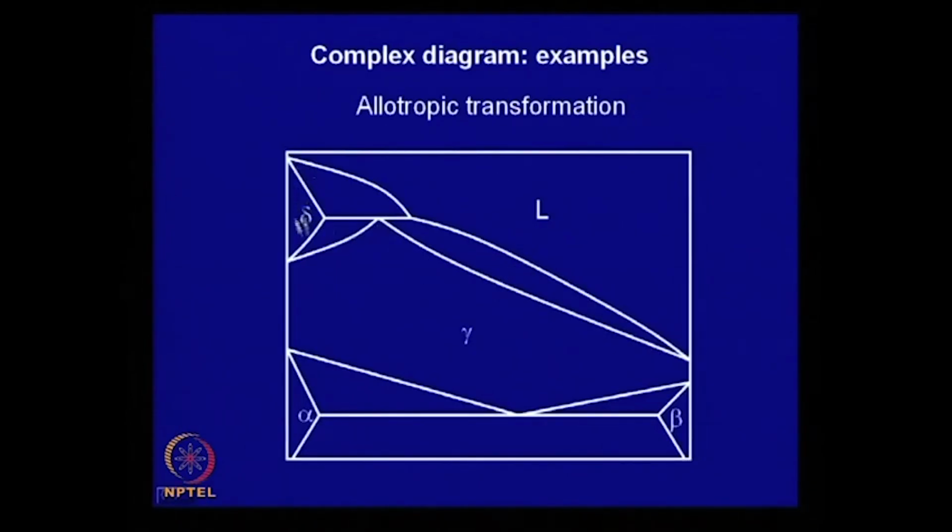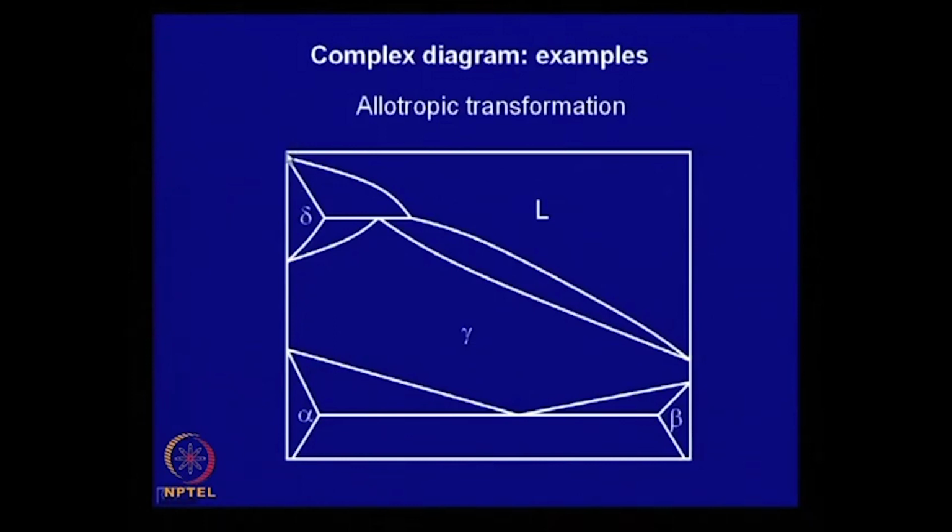Say first this liquid solidifies using a simple peritectic system, which is shown over here, and once it is solid it is gamma, but pure A is solidifying here first as delta. It solidifies as delta and then again it transforms into alpha. Then gamma again transforms into alpha.